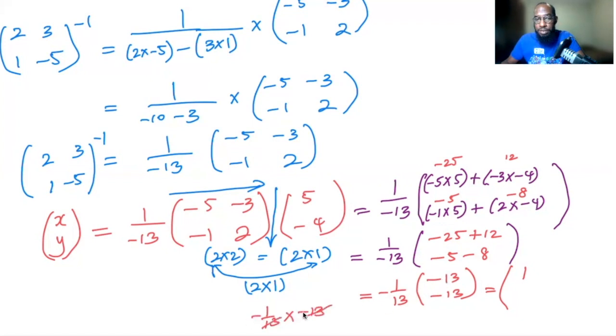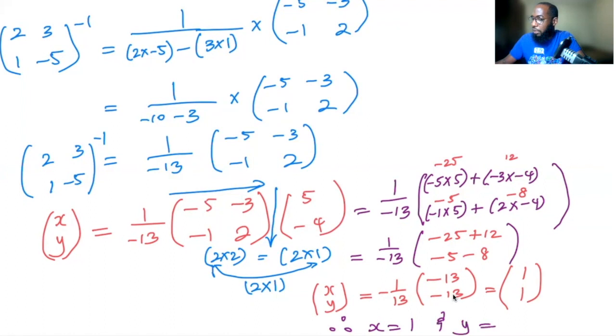Multiplying same signs is positive, and 1 times 1 is 1. So we have +1 here. It's understood, and I write to the plus. All right. So we have 1 here. And same thing, -1 over 13 times -13, you get 1 below here. So clearly, remember, this is X and Y. So we can see, therefore, X is equal to 1, and Y is also equal to 1.